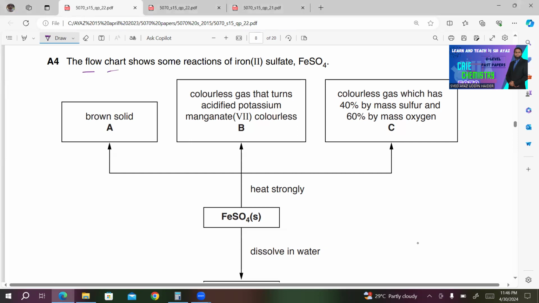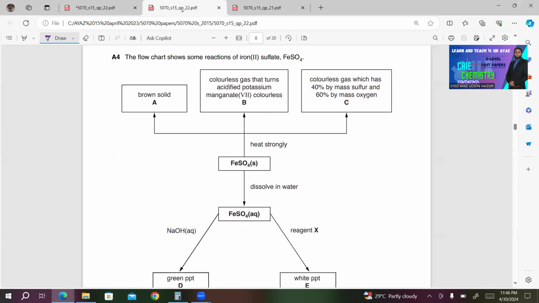This is a question. The flow chart shows some reactions of iron(II) sulfate, FeSO4. You can see if you heat it strongly, you are getting A, a brown solid, B, a colorless gas that turns acidified potassium manganate(VII) colorless, and C, a colorless gas which has 40% by mass sulfur and 60% by mass oxygen.